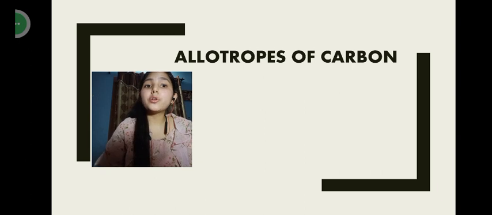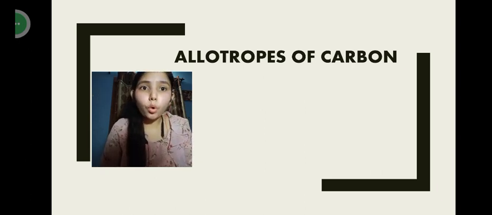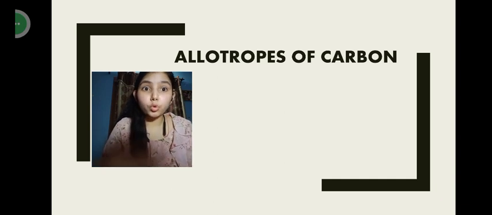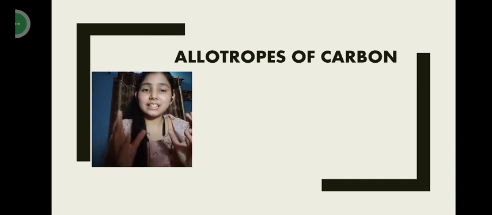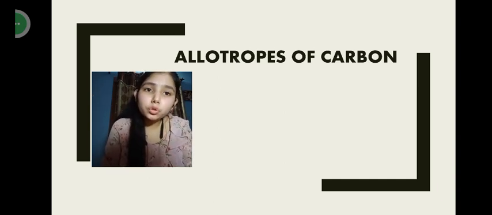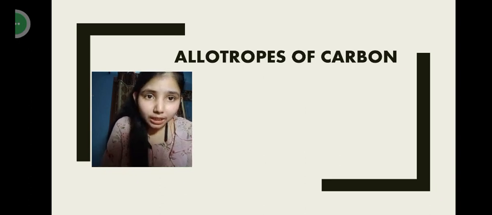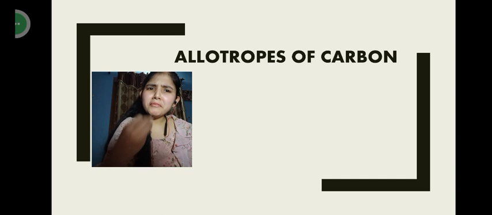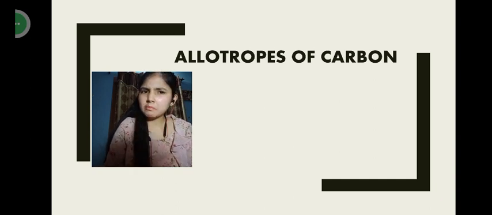Another topic is allotropes of carbon. Oh my god, another heavy name. Heavy name but easy meaning. So what are allotropes? Actually, allotropes means compounds. So why are we using such names?